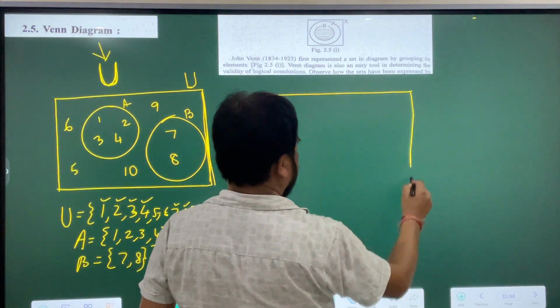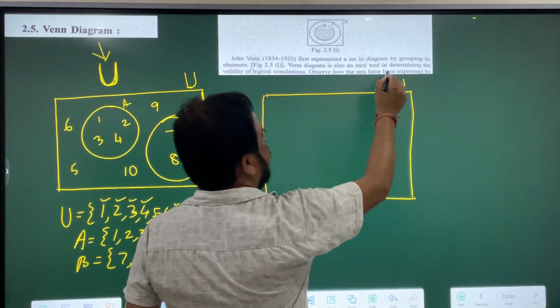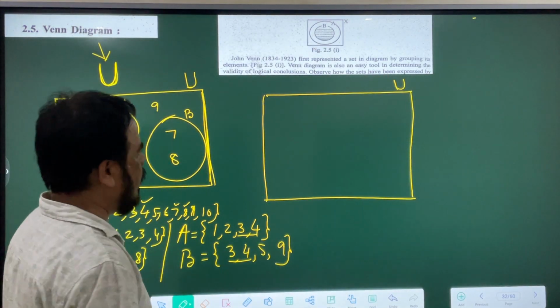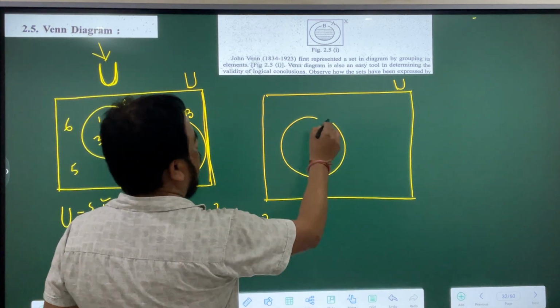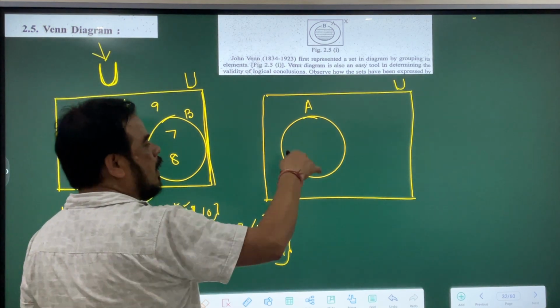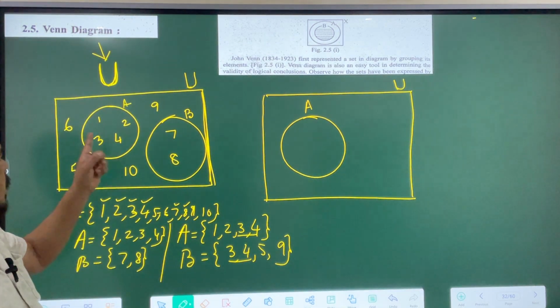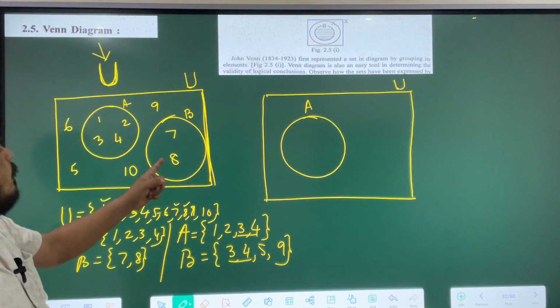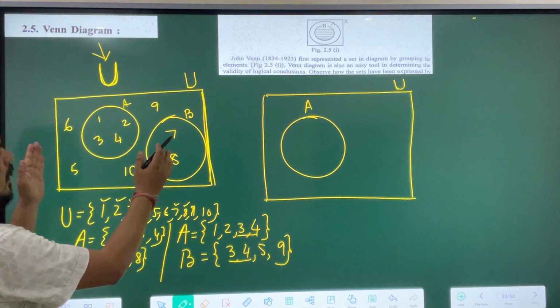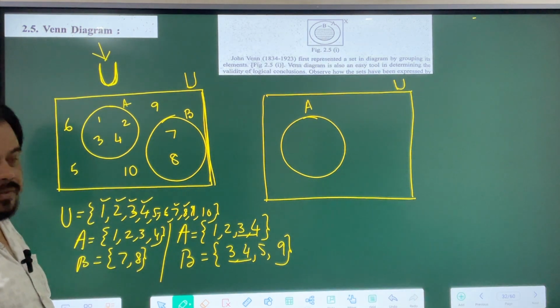First, as I have told you, first the rectangle that will be denoted by capital letter U. Now this circle I have drawn for set A, and another circle I am going to draw for set B. Earlier the circles for set A and set B I drew separately because A and B don't have any common elements.